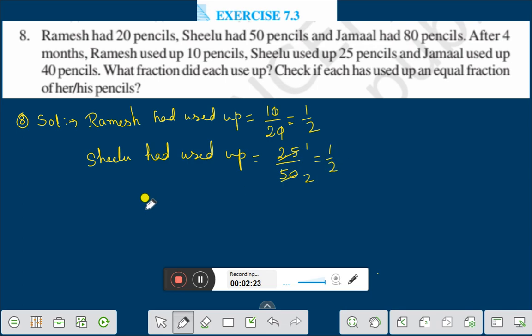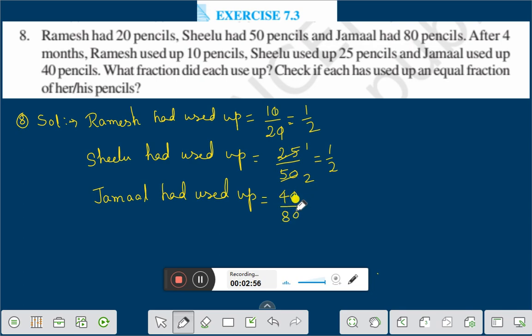Right? And Jamal used up 40 pencils. Jamal had used up 40 pencils out of 80.